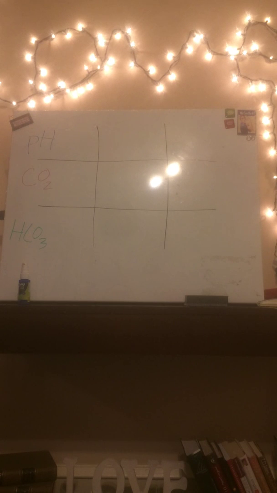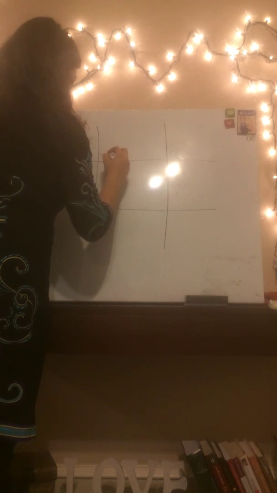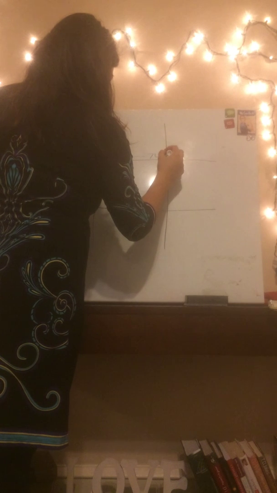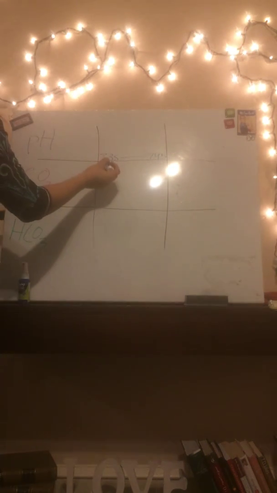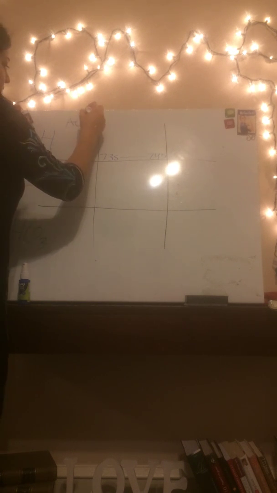Okay, so what are the normal values for pH? 7.35 to 7.45. 7.35 and lower is our acid, it's acidic.